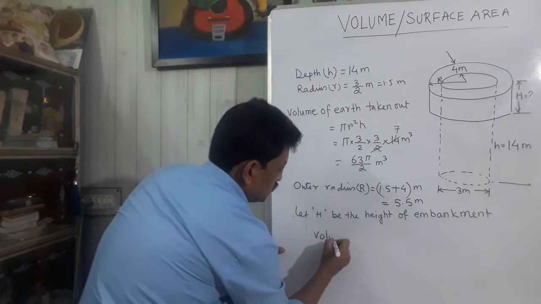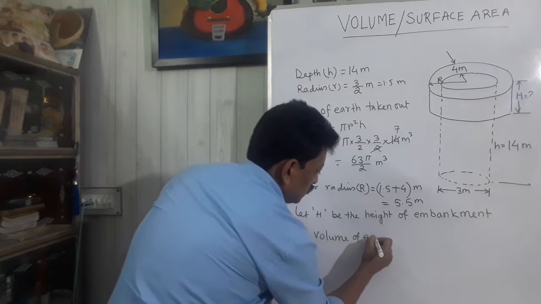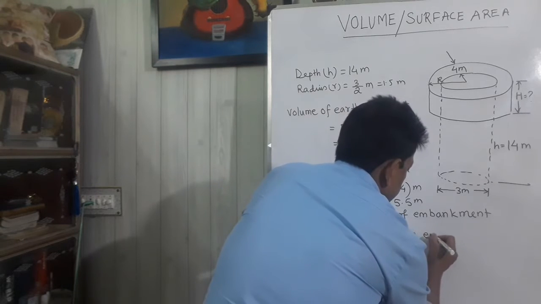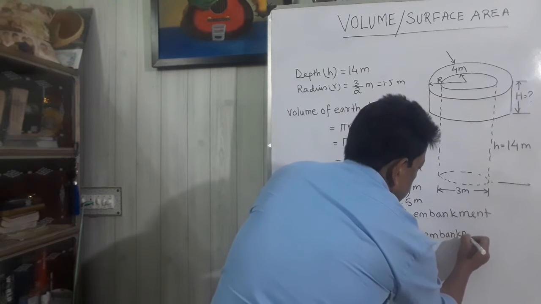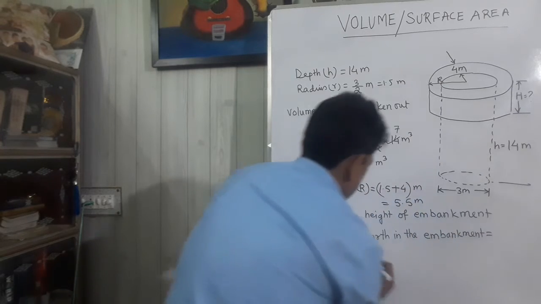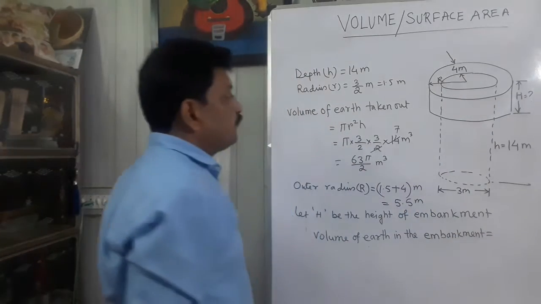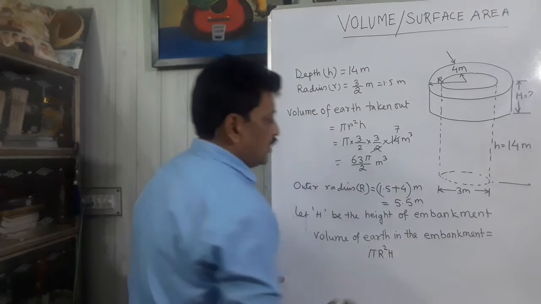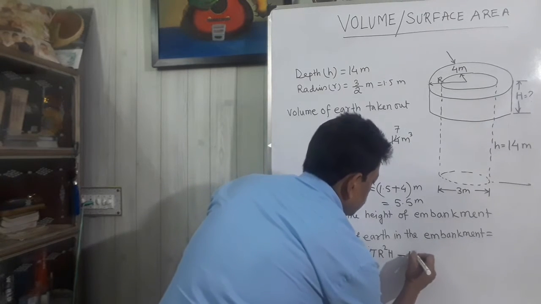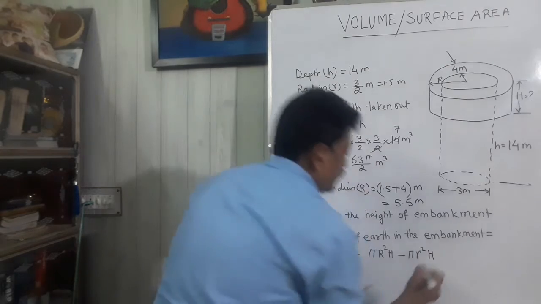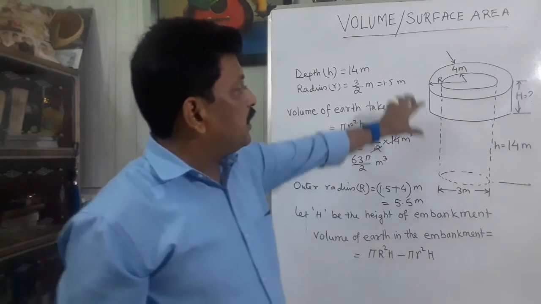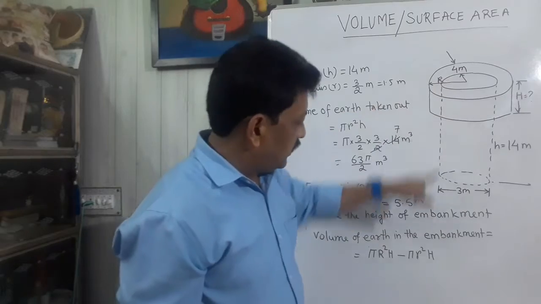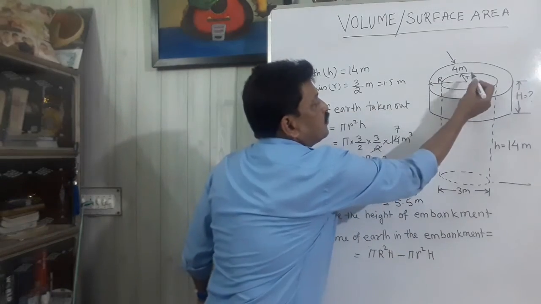So volume of earth in the embankment equals, since it is a hollow cylinder, outer volume pi R square H minus inner volume, that is pi r square H. In both the cases the height will be capital H. Outer height and inner height are the same, but outer radius is capital R and inner radius is small r.